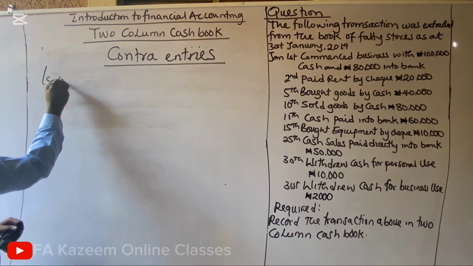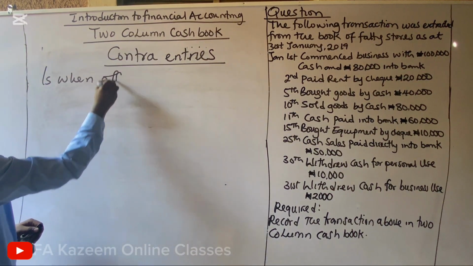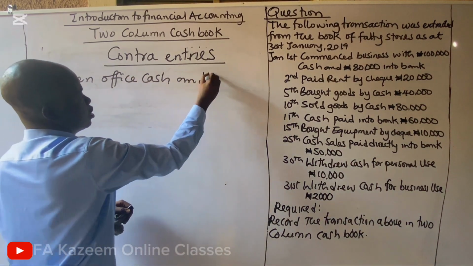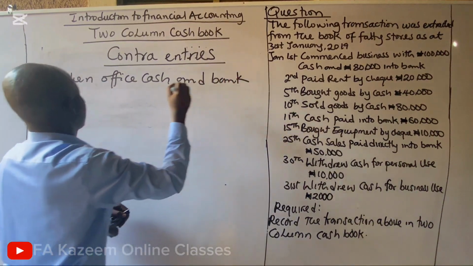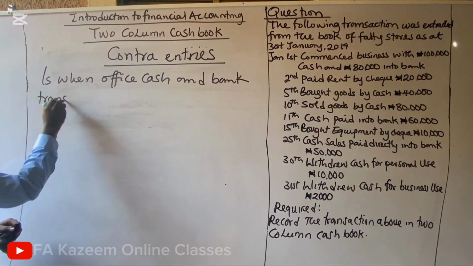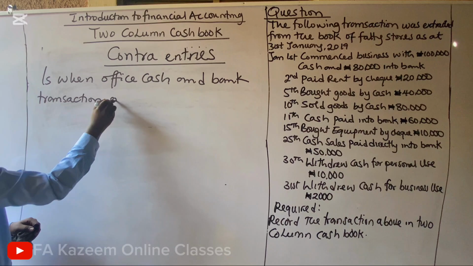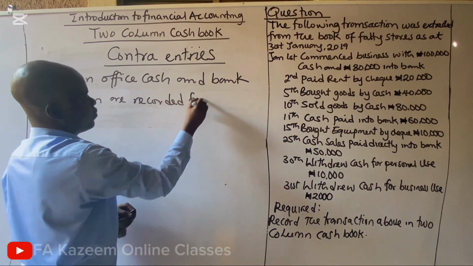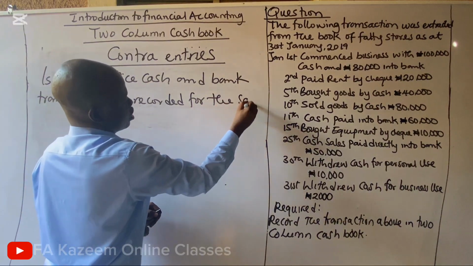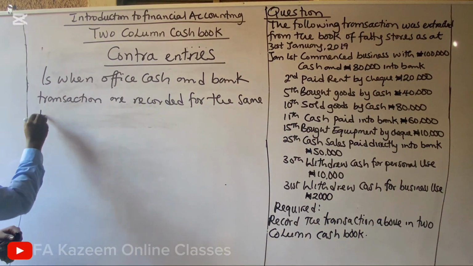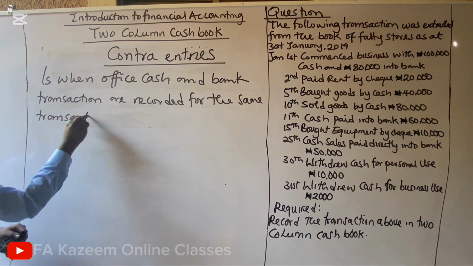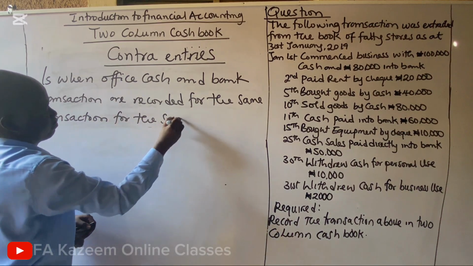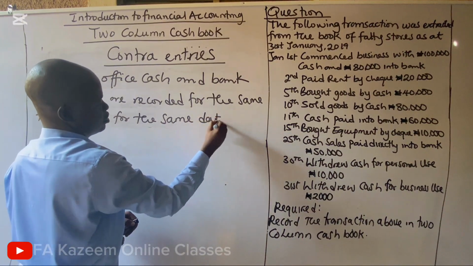Contra entry is when office cash and bank transactions are recorded for the same transaction, for the same what? Date.